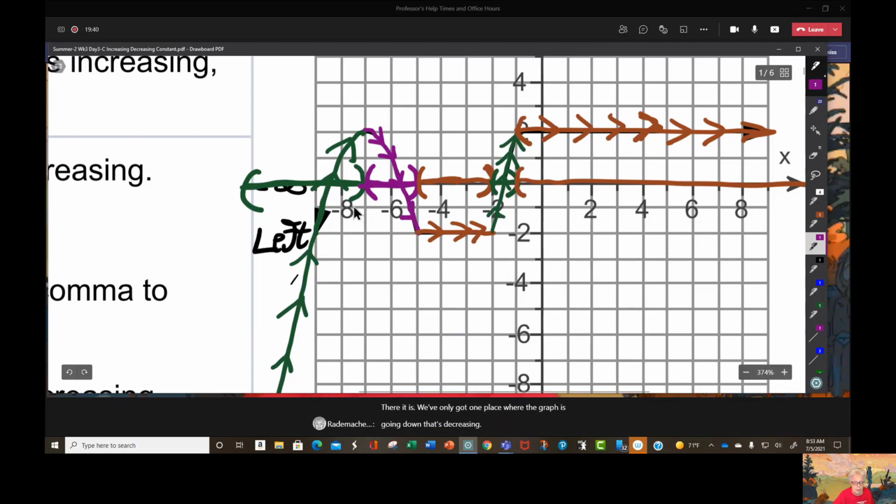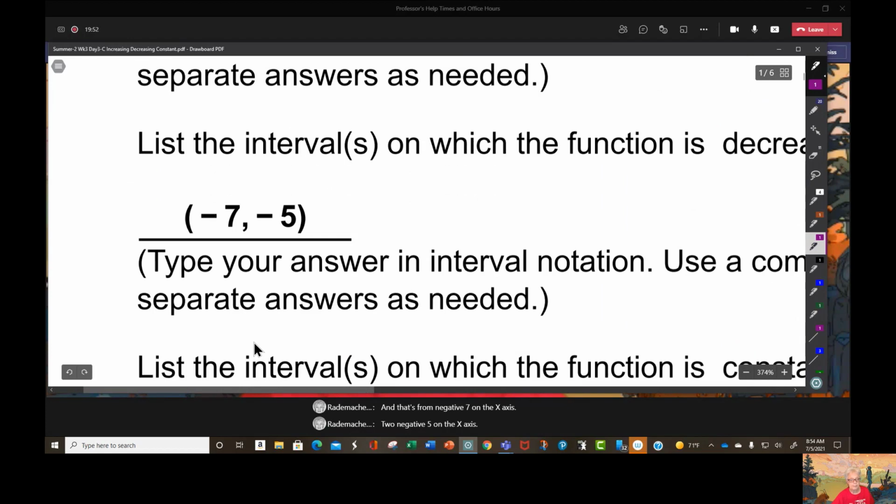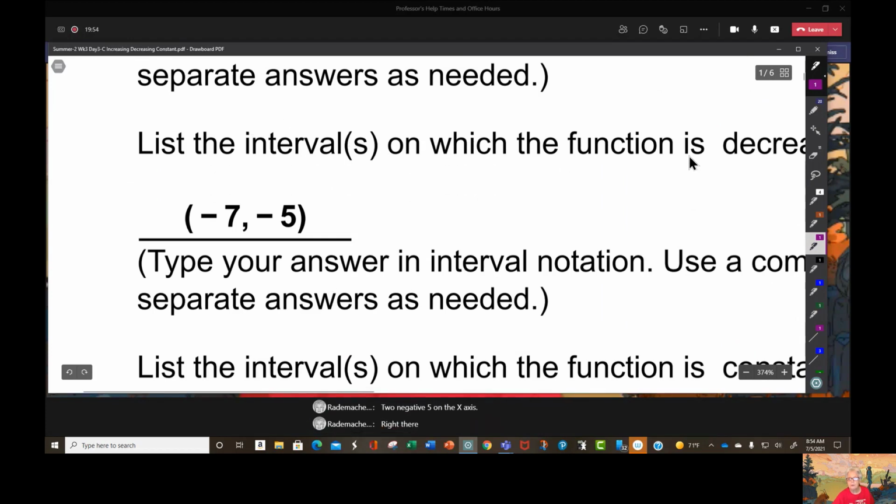And that's from -7 on the x-axis to -5 on the x-axis. Right there. List the intervals on which the graph is decreasing. Right there. So I will color it decreasing.